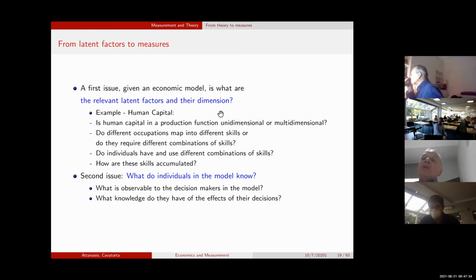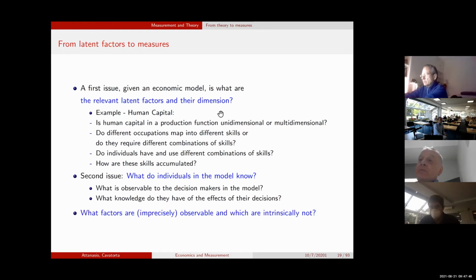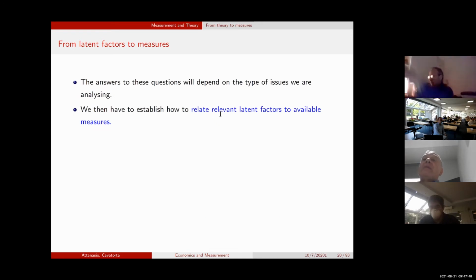And the second issue is what individuals know in the model, what is observable to us, to researchers, and what's observable to decision makers. Those are some important questions, and the answer will depend on the type of issues we are analyzing.